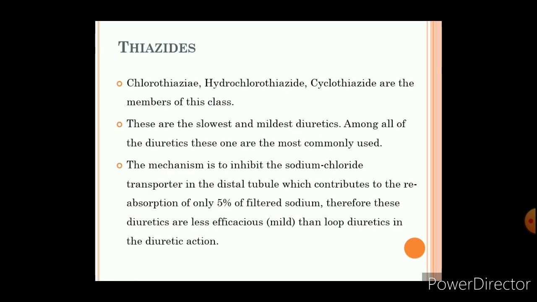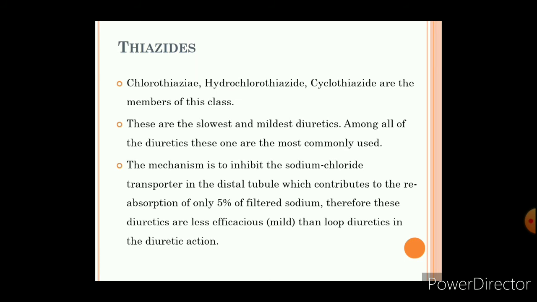The next class of diuretics is thiazides. Chlorothiazide, hydrochlorothiazide, and cyclothiazide are members of the thiazide class. They are the mildest diuretics, yet among all the diuretics, these are the most commonly used.